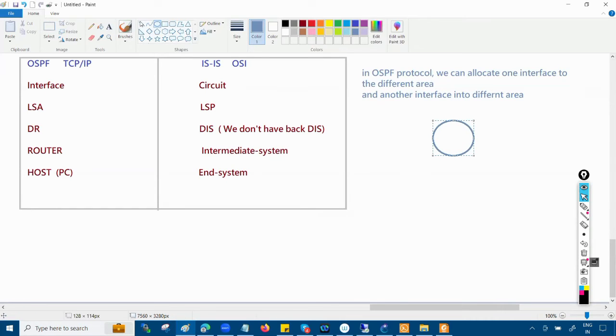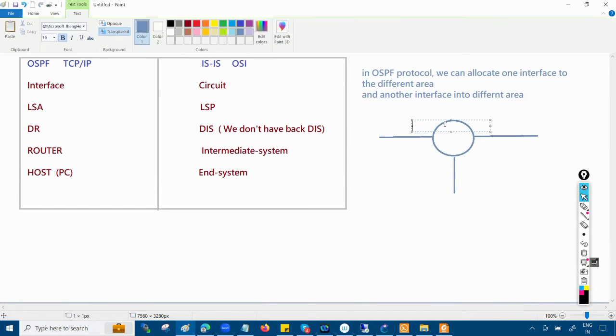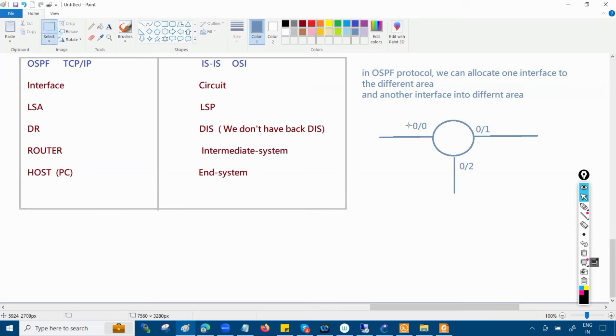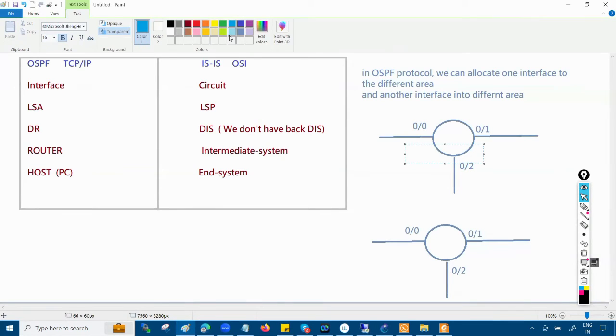So take an example, this is router one. I have interfaces F0/0, F0/1, and F0/2 as well. Let me write F0/0, F0/1, F0/2. Let me copy and paste the same thing over here. Now, I can make this one a part of area 0, this one a part of area number 1, and this one a part of area number 2.